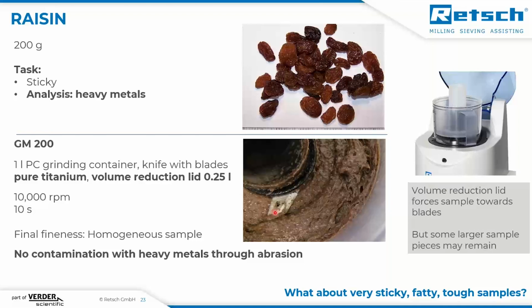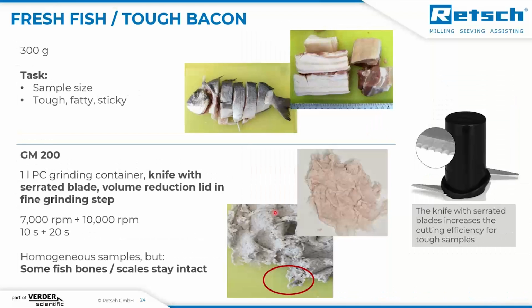But what about very sticky, fatty, or tough samples? For example, this fish or this tough bacon. It has no scales, it has fish bones, it has very tough skin. And here sample preparation might be a little bit challenging in some cases, but with the right equipment and the know-how to do it, it's still easy.